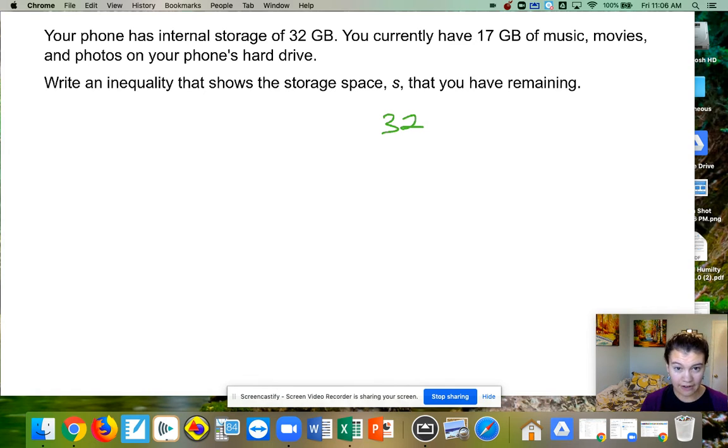And you can never have more than that on your phone. So whatever's on your phone has to be less than or equal to 32 because that's the maximum amount you have. So this is what's left. You know you already have 17 gigabytes. So we know we already have 17, and then we need to add on whatever this leftover chunk is.